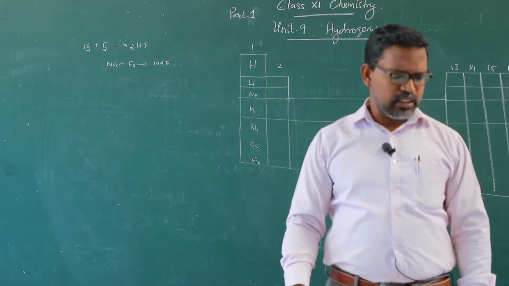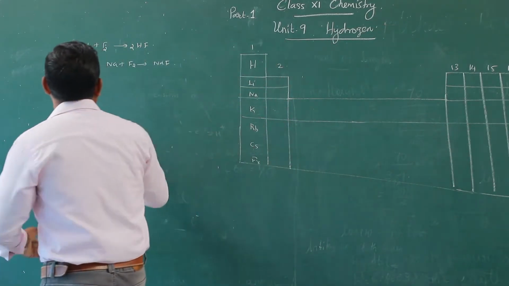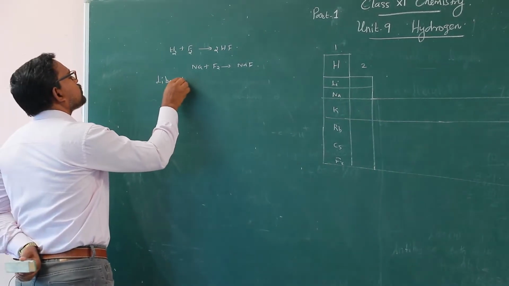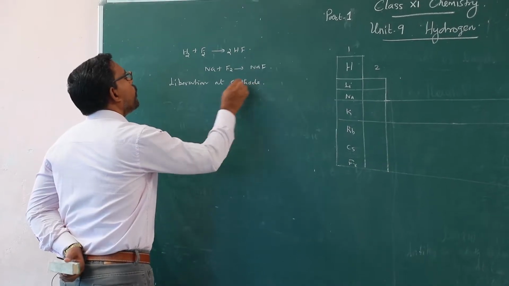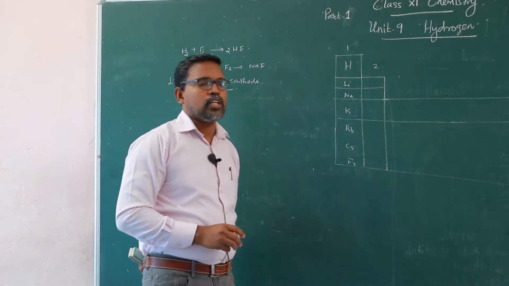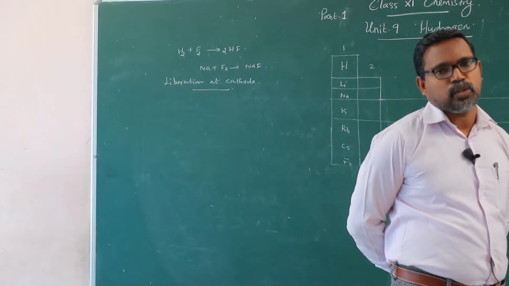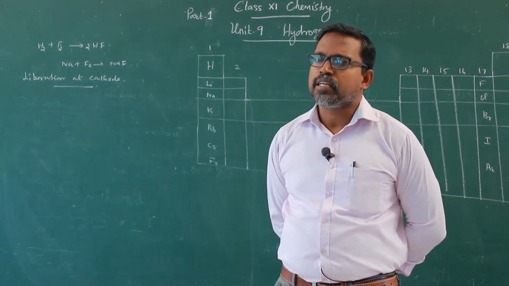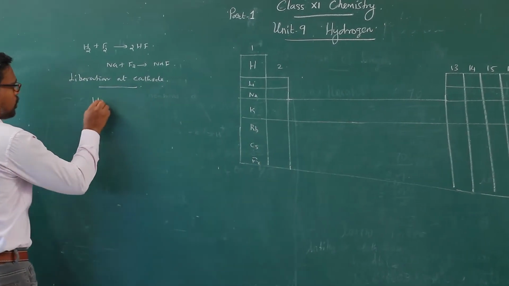Another point is liberation at the cathode. We know that in the electrolysis process we use an anode as well as a cathode. Here we are taking electrolysis of hydrogen chloride, hydrochloric acid.